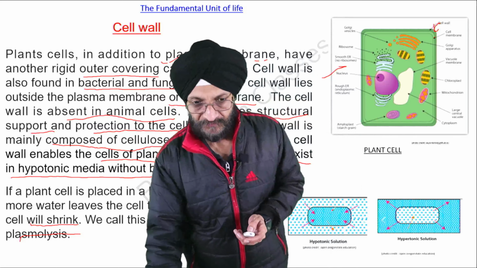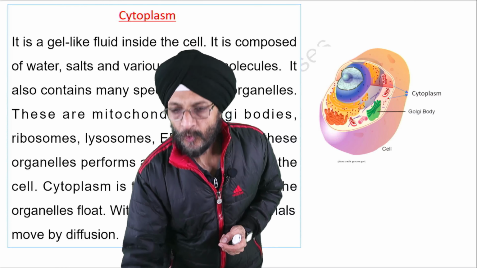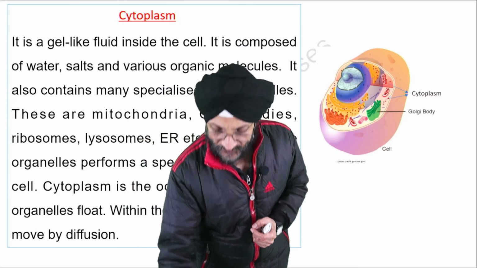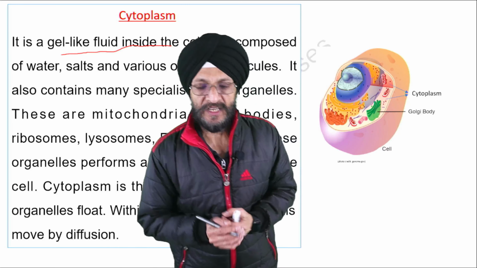Next, cytoplasm. You can see here that this is the cell, and the fluid which is present all in the cell is cytoplasm, which is a gel-like fluid inside the cell.